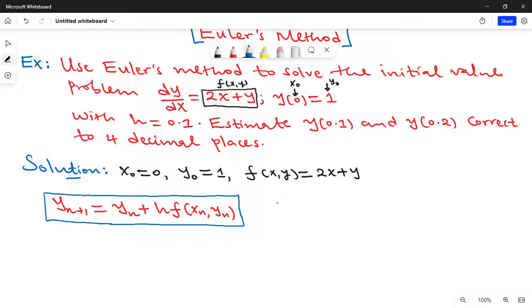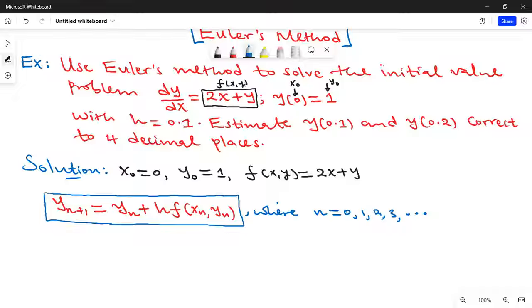So you can write here where n is equal to 0, 1, 2, 3, etc. The derivation of this formula, you can find it in my PDF notes. Spend some time so that you look at how that formula is derived.